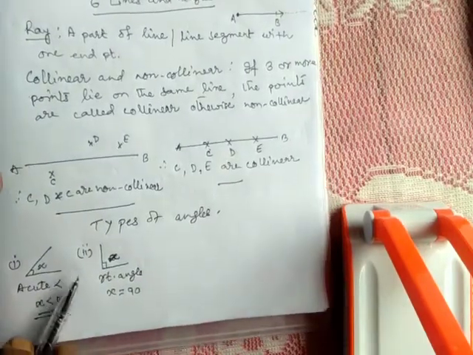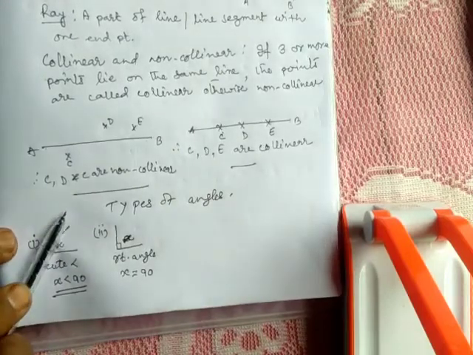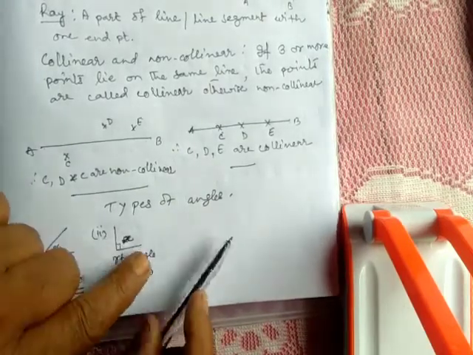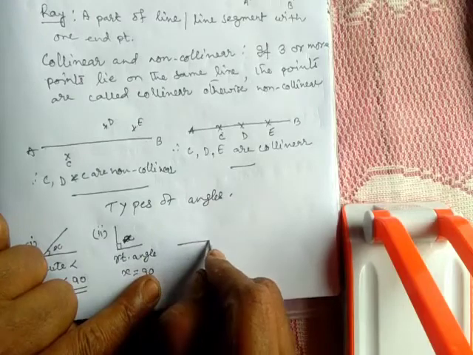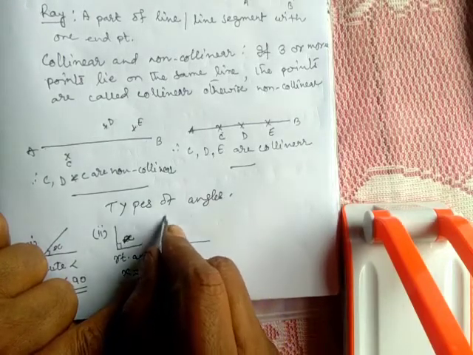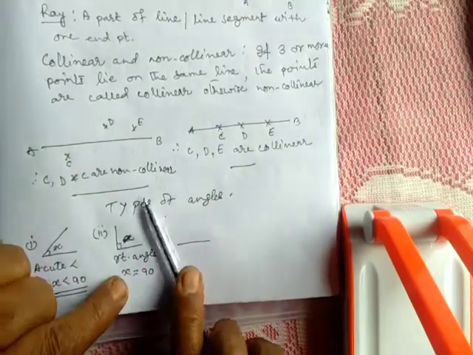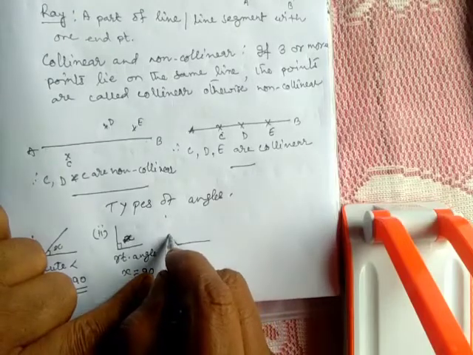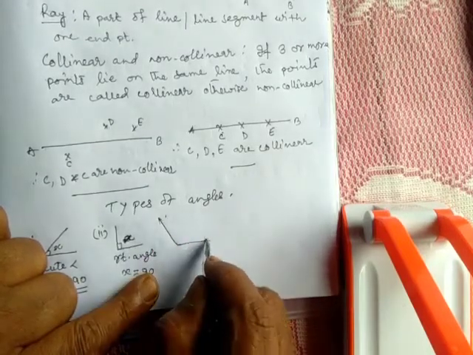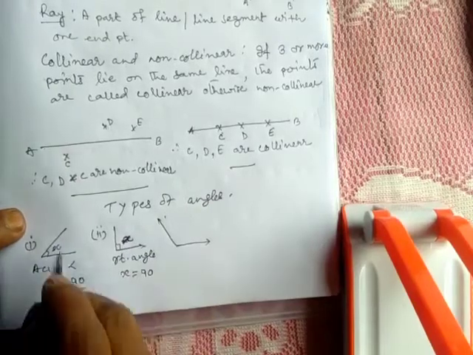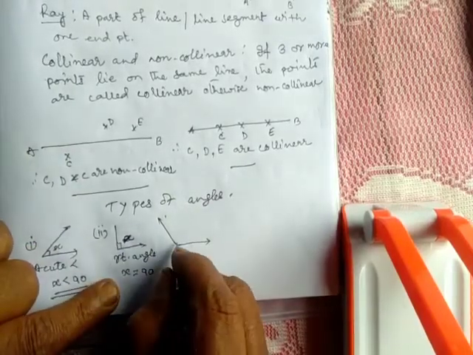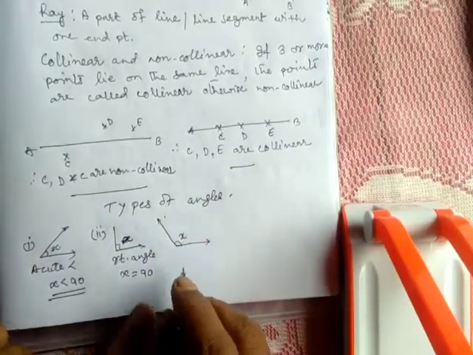Next, this angle is opening like this. From the right angle, it is again rotating this way and coming to this angle. So this angle is x. What angle is this?